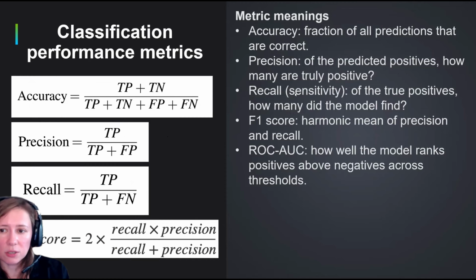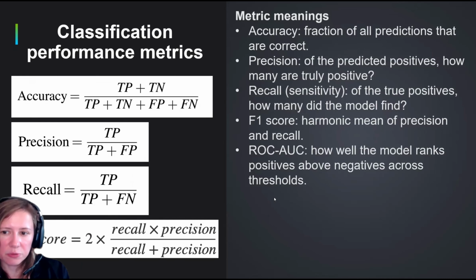And then you have the recall, or sensitivity, which asks: from the true positives, how many did the model find overall? That can help you spot in what aspect the model is failing, because you're disentangling different aspects of the performance of the model.